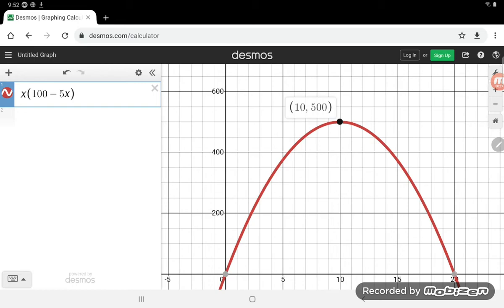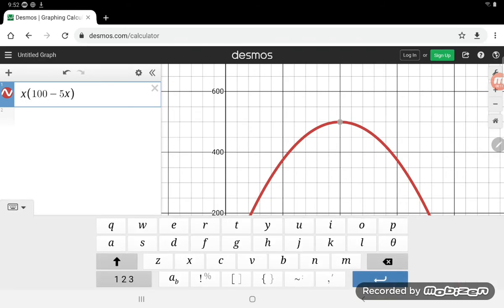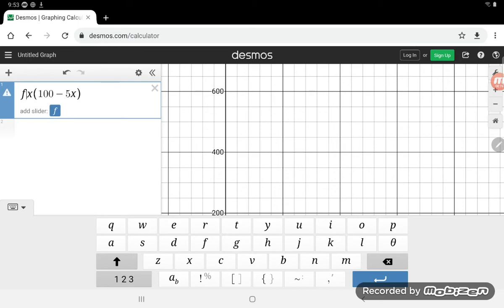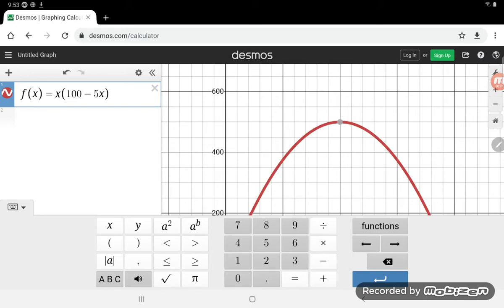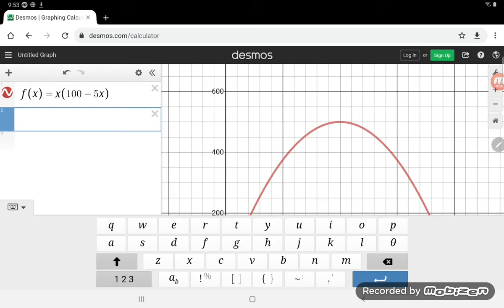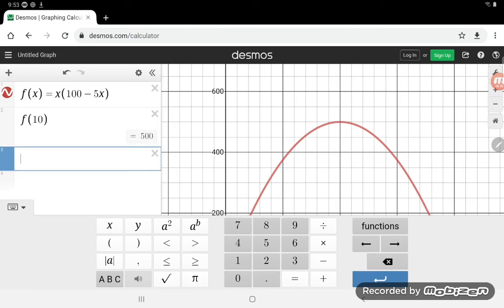So if I let x equal 10, now actually a little better way to do this is if I had called this f of x equals, and where that helps me then is I could actually evaluate this just by saying f of 10. And so we see there the 500.